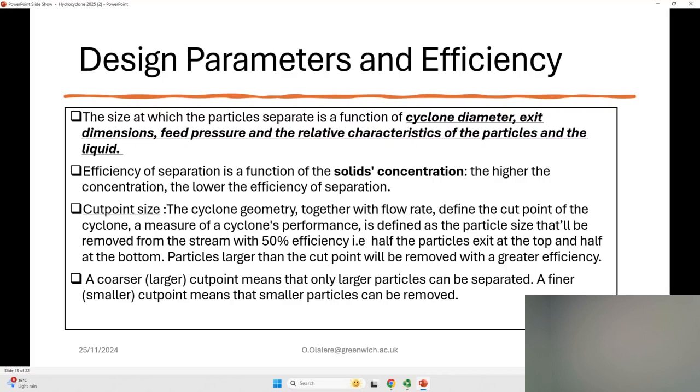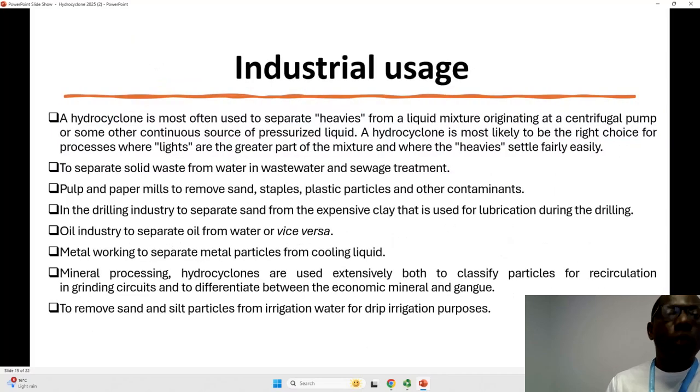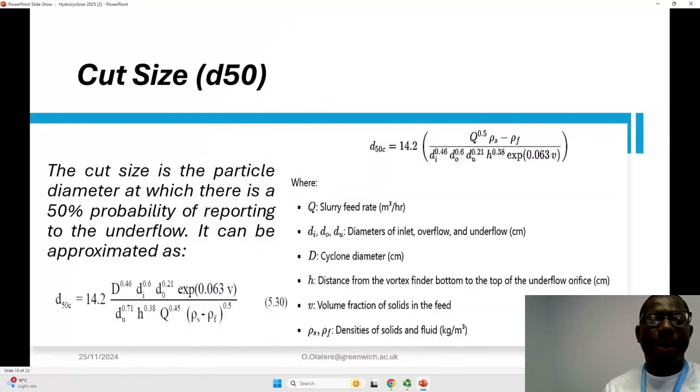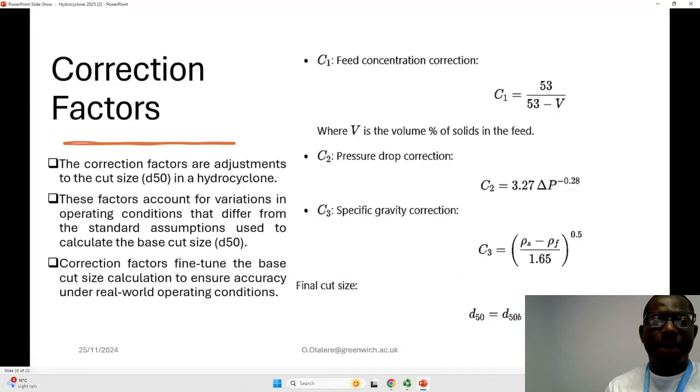Because most of the time they don't give you the diameter, they give you it in terms of percentage, like the percentage of the whole cyclone. So if they say the cut point is 20% of the cyclone, then it means almost 20% of the diameter of the cyclone, right?